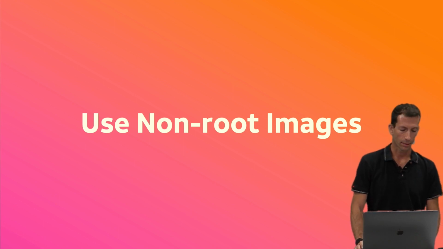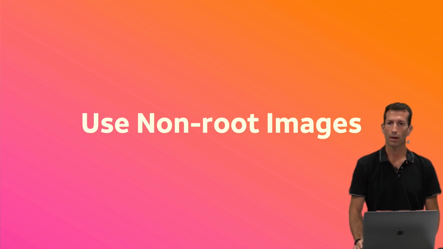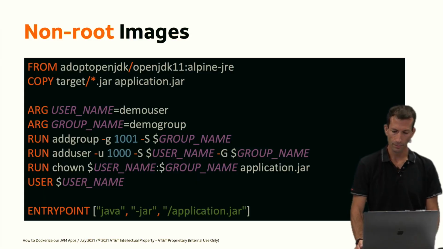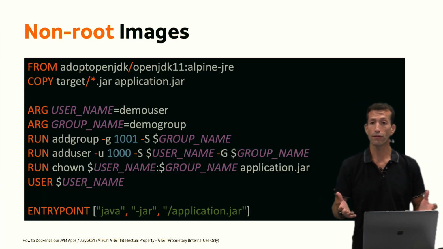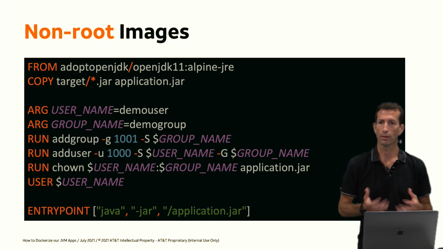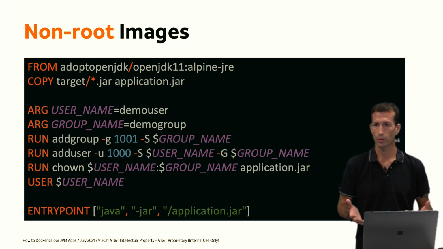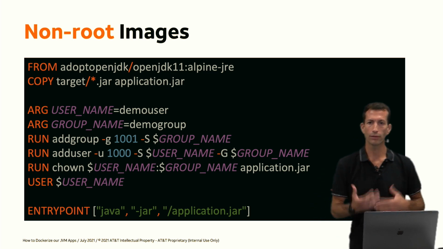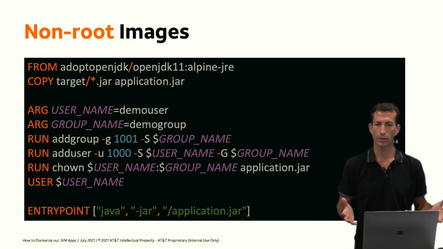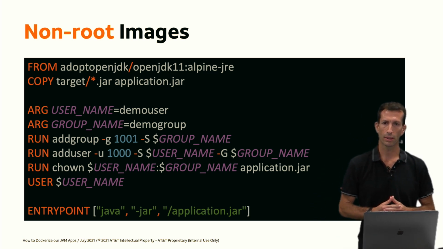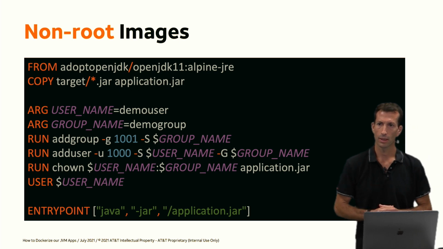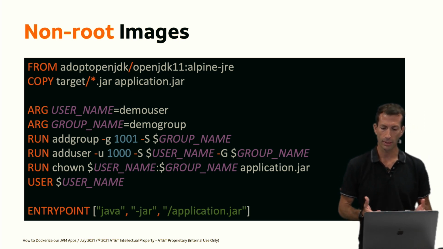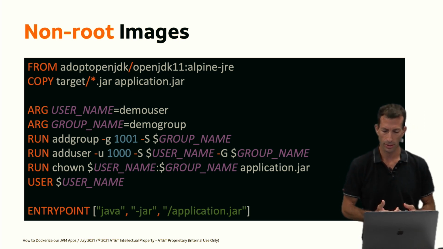Let's move on. We'll talk about using non-root images. The default user for Docker is root. So unless we actively do something, we're running all our images as root, which is a security risk. It adds more surface exposure. We don't need this risk. So it's very easy to create non-root images.